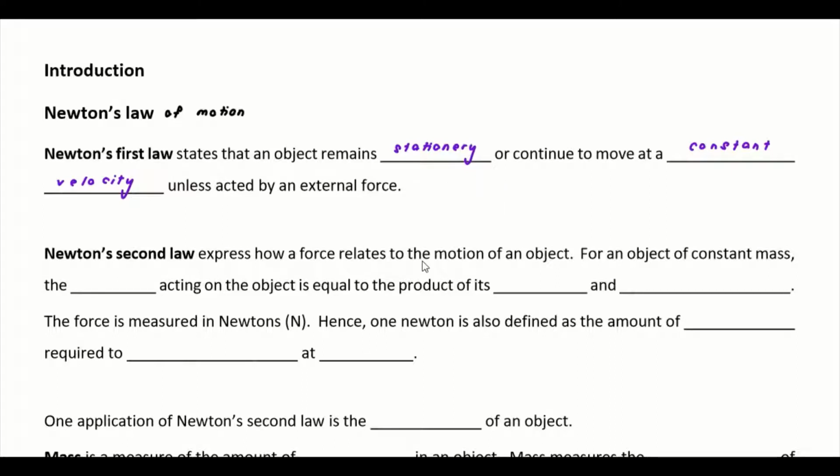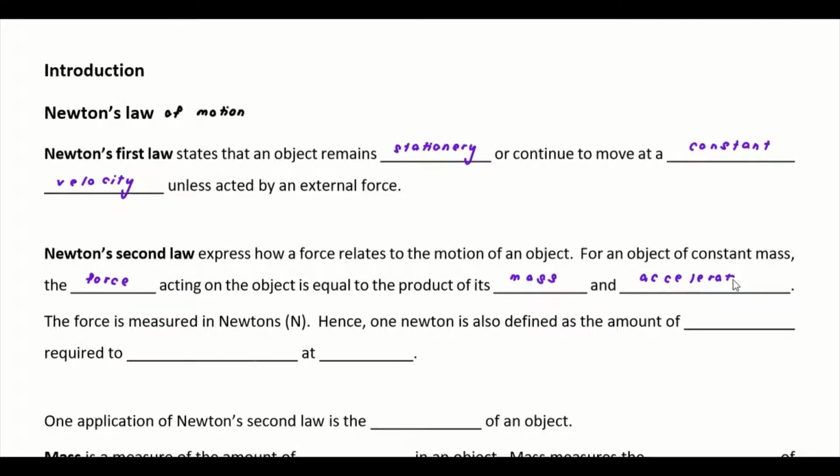Newton's second law tries to explain a little bit more about the first law. Newton's second law expresses how a force relates to the motion of an object. For an object of constant mass, the force acting on the object is equal to the product of its mass and acceleration.